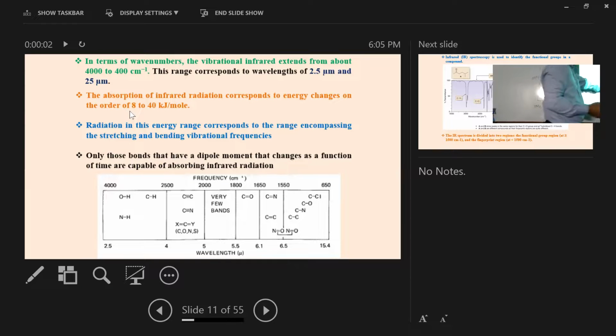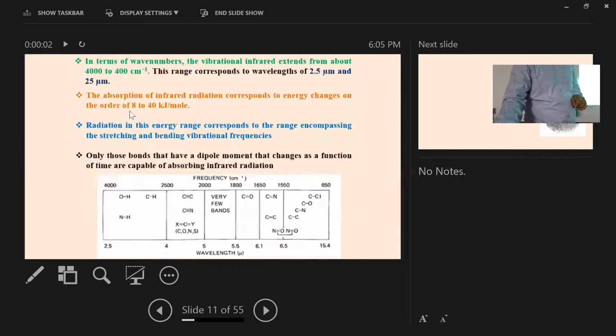So it depends on what type of molecule and what is the dipole moment of this bond. This is OH, so oxygen and hydrogen, they have polarity. Therefore, and depending on their mass also, later we will show the equation, maybe.